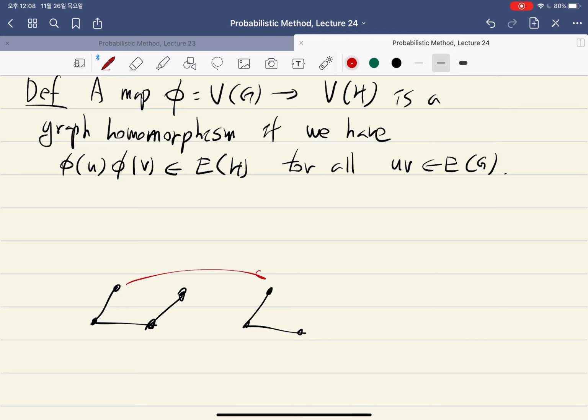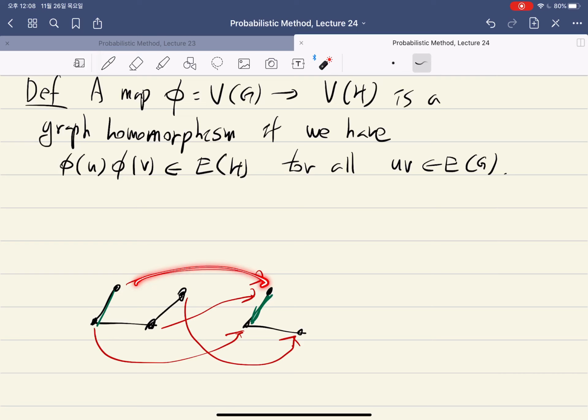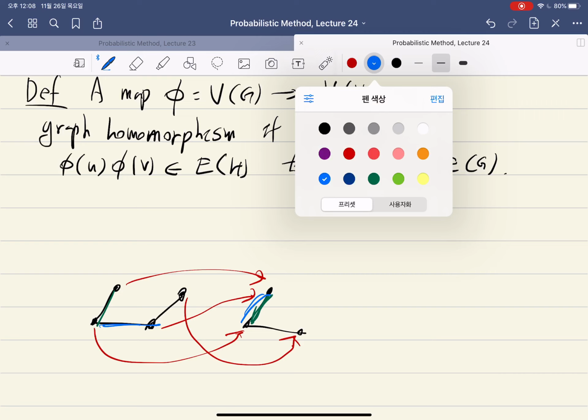If we map this to here, and this to here, and this to here, and this to here, then what does this map to? This vertex goes to here and this vertex goes to here, and this edge maps to, again, here. So the edge maps to here. It's okay so far.